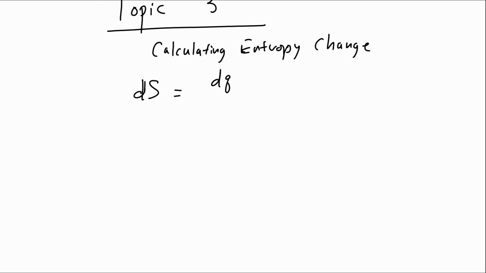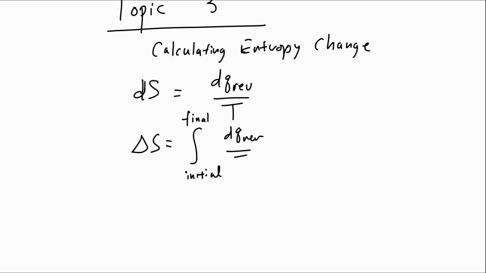We have our kind of defining expression, and we can calculate. I'm just again sort of reviewing, just putting these down so we have them here. If we want a delta S, and if we have an initial state and a final state, I can go from initial to final.